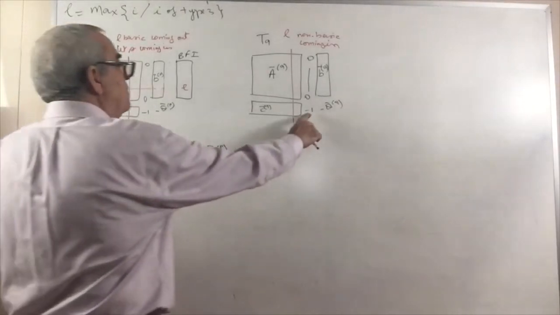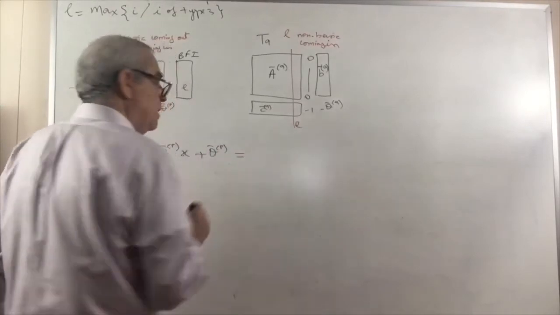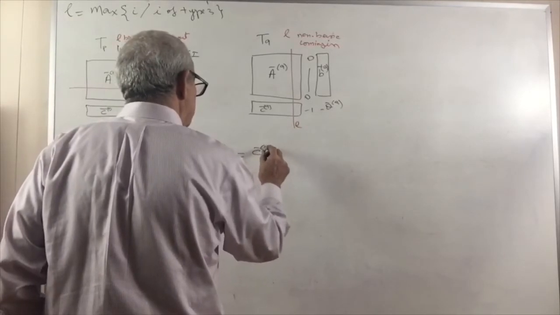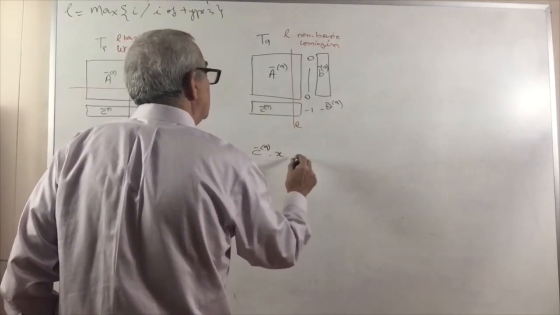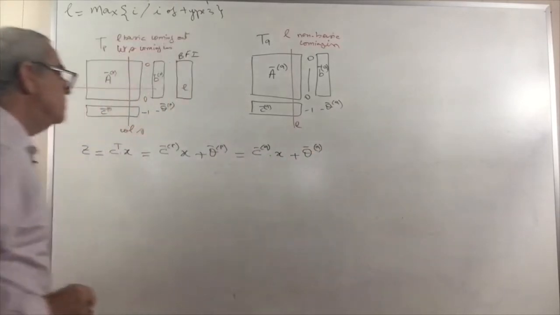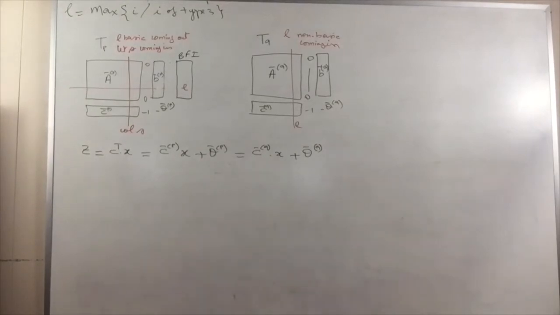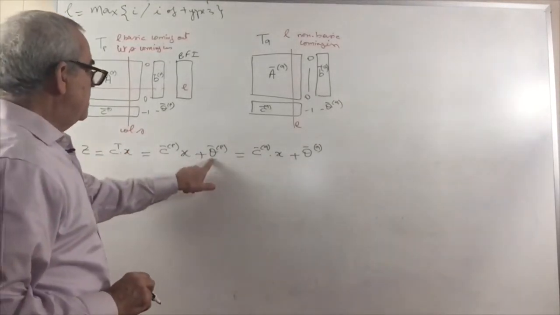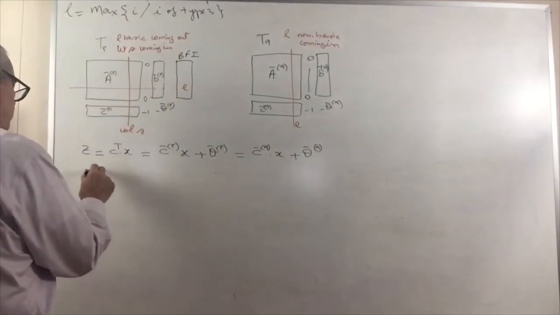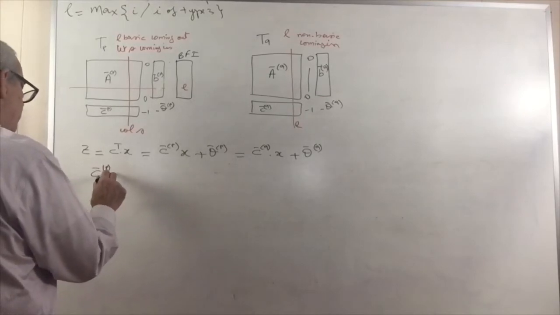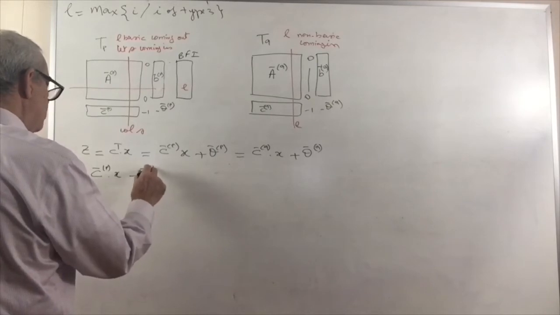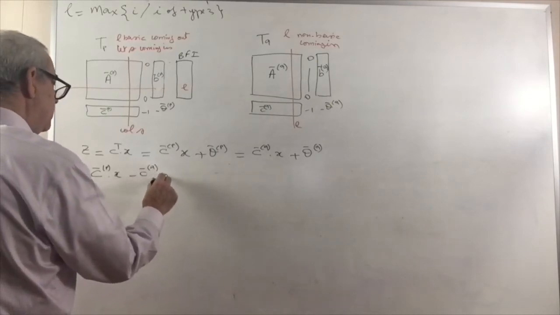And the same Z over there is equal to C bar of Q X plus theta bar of Q. But remember, during the cycle, theta bar of P is equal to theta bar of Q, so that cancels out, and I get this equation: C bar of P X minus C bar of Q X equal to 0.